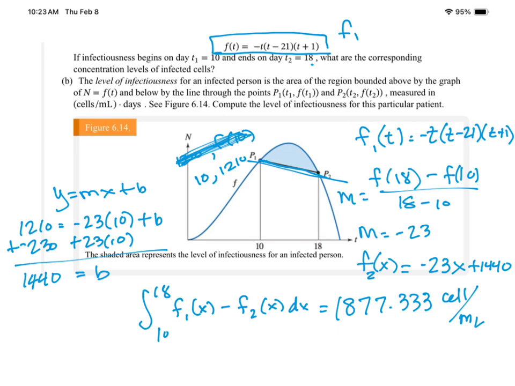So this is a contagion rate. Why did I say it was a rate? Because it's changing. It's the area under the curve. It's cells per milliliter.